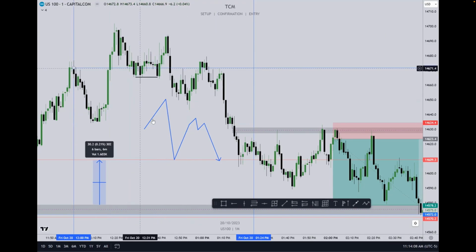Once you get to the M1, you're thinking about the how. How should this be delivered? How should the candles look for me to participate? As you improve, the how that you look for on a 1 minute chart will start to change.